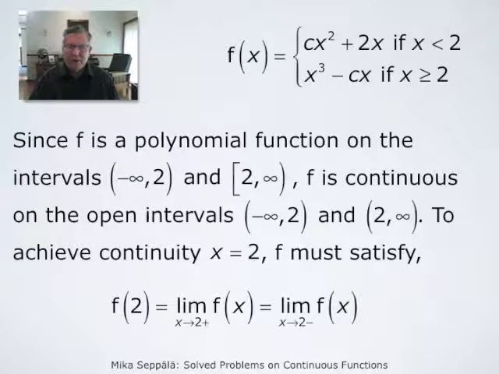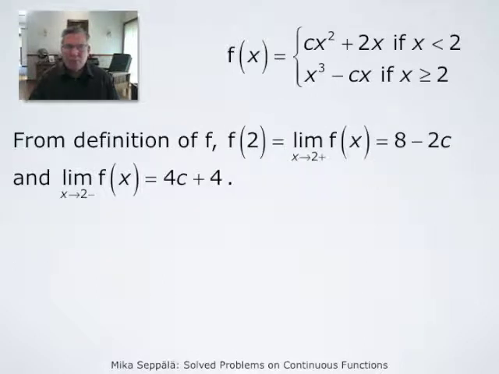First, we have to compute the limit of f of x as x approaches 2 through numbers larger than 2 and then through numbers less than 2. From the definition of f, when we compute the limit of f of x as x approaches 2 through numbers larger than 2, we use the expression x cubed minus c times x for f.